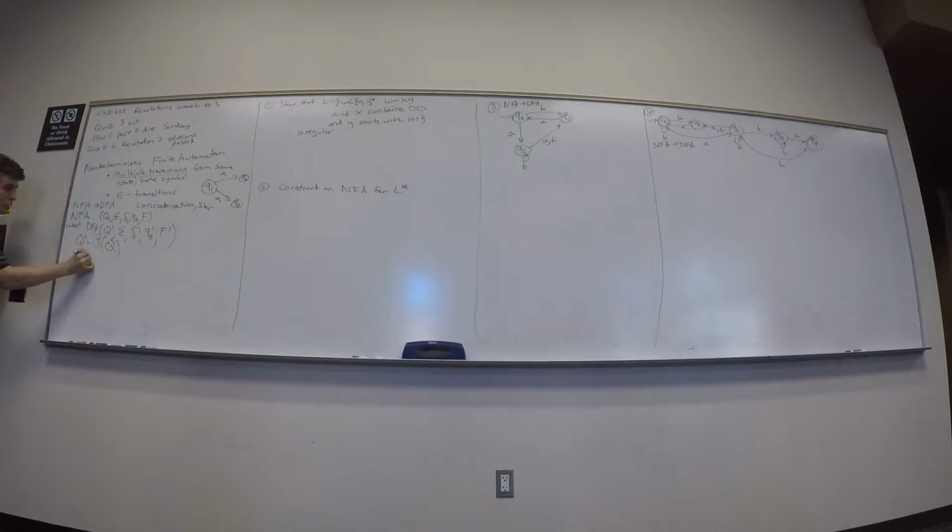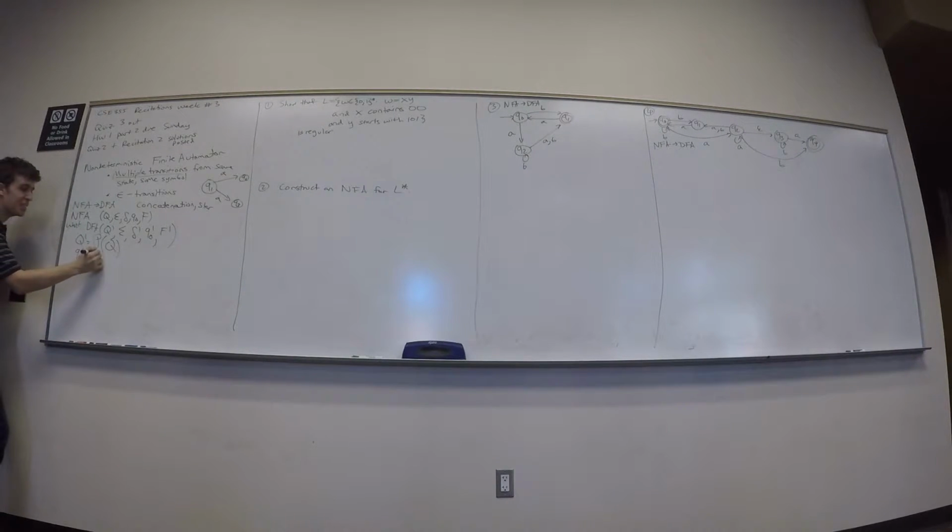Now I gotta define the start state. So I'm gonna ask this question several times. What are states in the DFA representing in the NFA? They're representing sets of states. Remember, it's the power set, the set of all subsets, right? So I think the start state of the DFA better be a set, right?